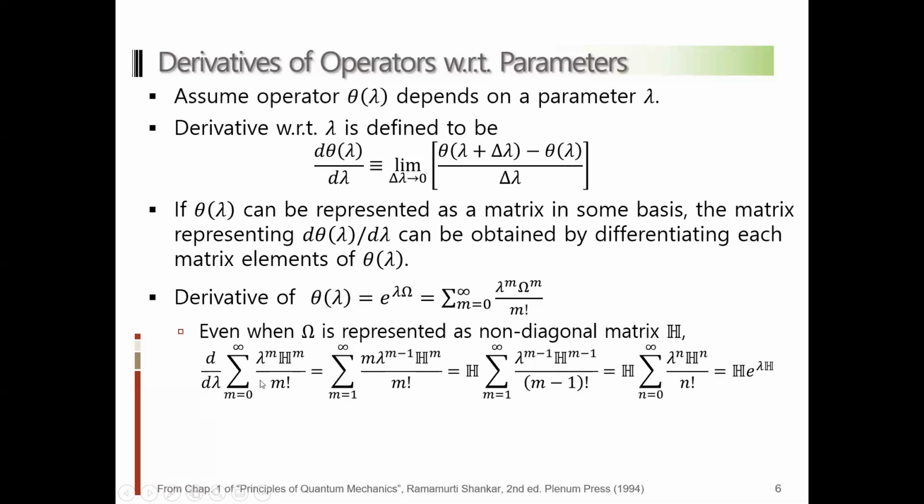And then you know that when m equals 0, this is just a constant with respect to the lambda. So the first term will disappear. That's why we start with m equals 1.